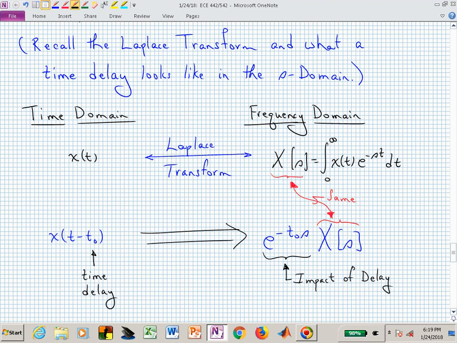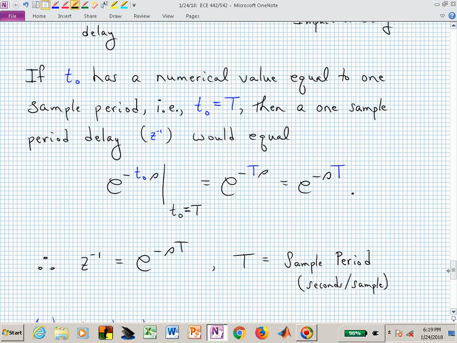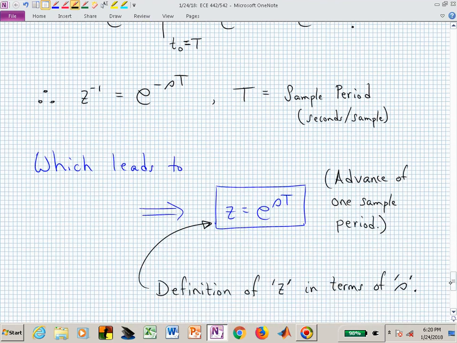You could think of e to the something as a series representation if you wanted to, but for now, let's just view it as our definition of z in terms of s.